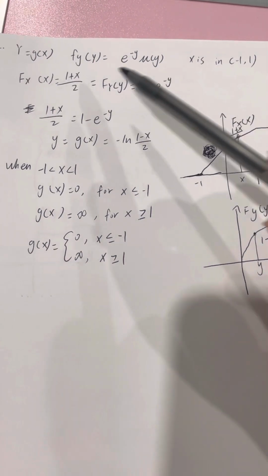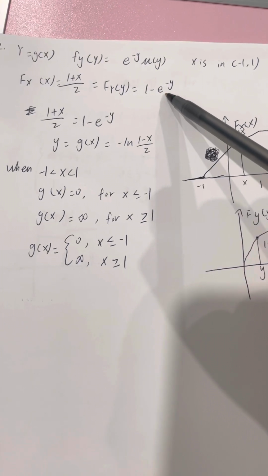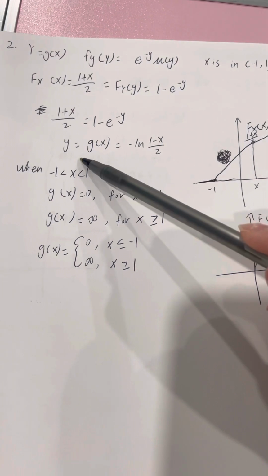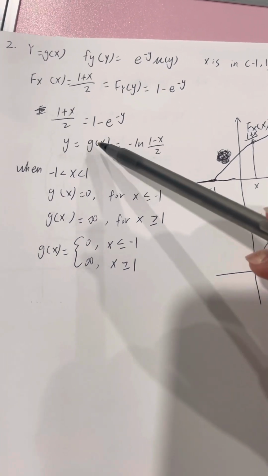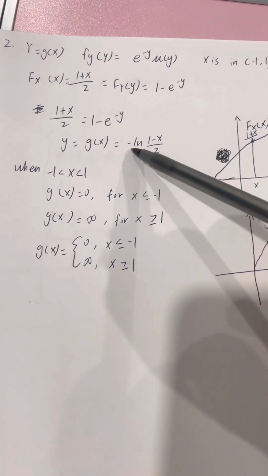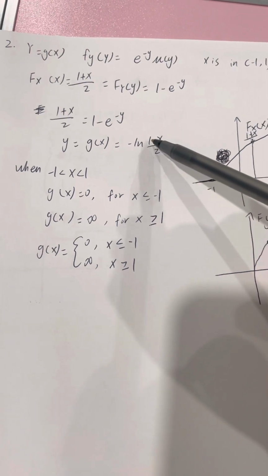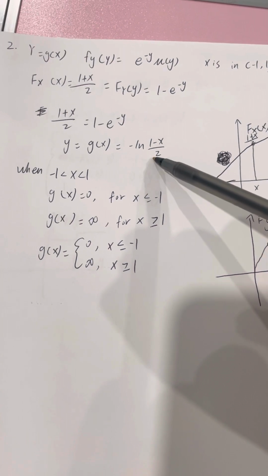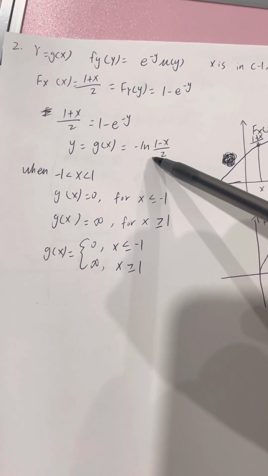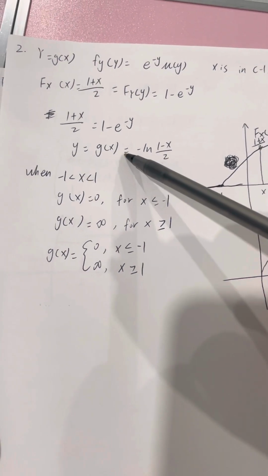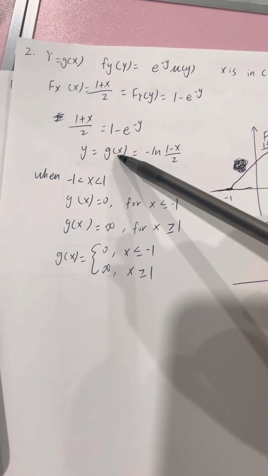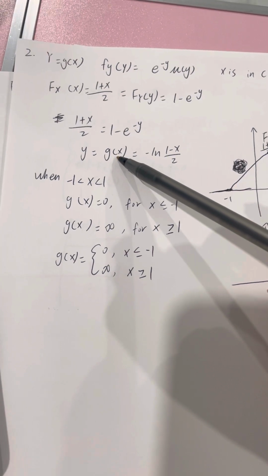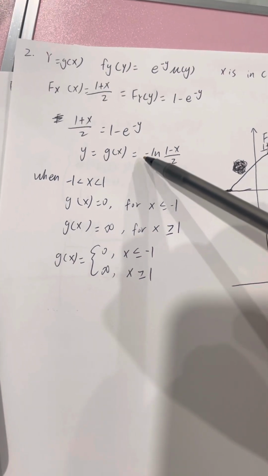So if you set these two equations equal, and then you solve for y in terms of x, you get y is equal to negative ln of 1 minus x over 2, which is also the g of x.